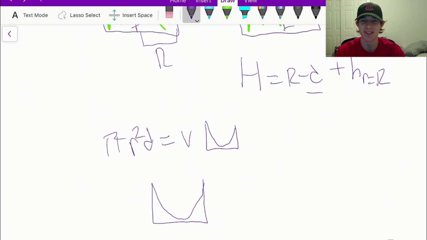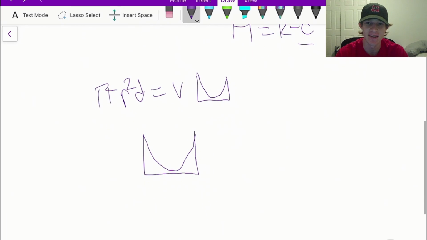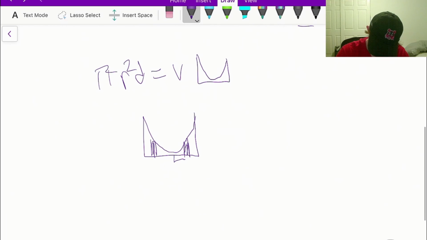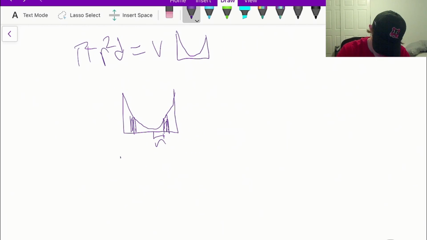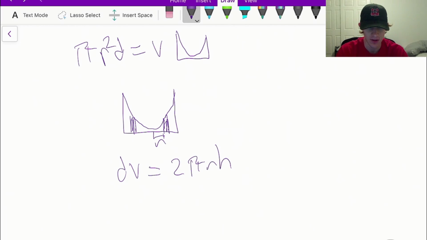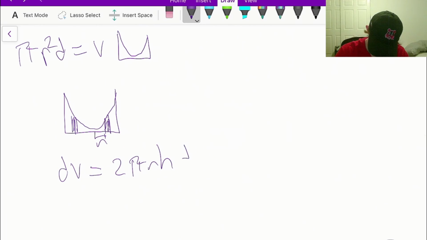Now to find the volume of this weird shape on the right side, we're going to cut it up into little pieces and take the delta V of each. So we know that, say this is at some radial point r, we can find that by taking dV, delta V, equals 2 pi r h, which is the circumference, times dr. And to make this make a little bit more sense, I'll view it from the top view.